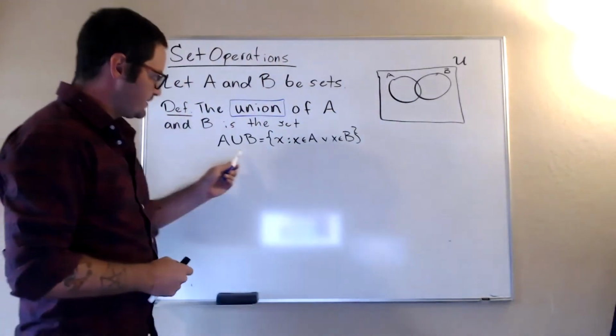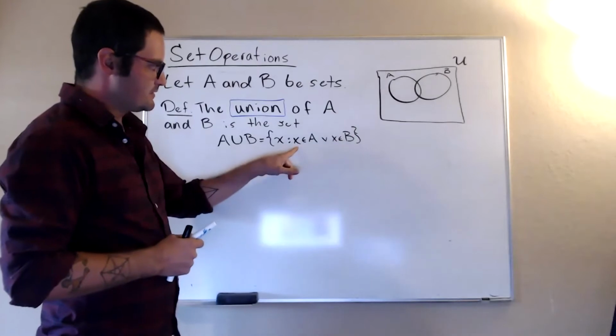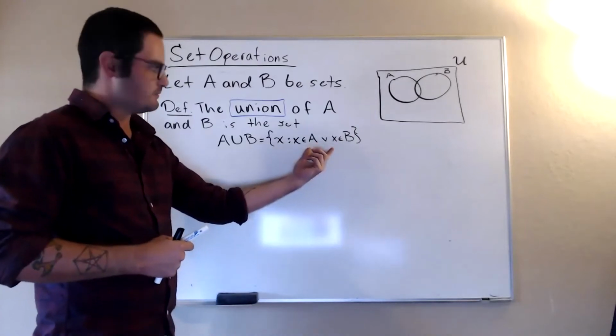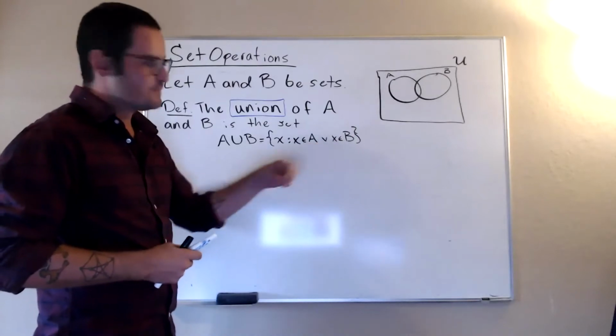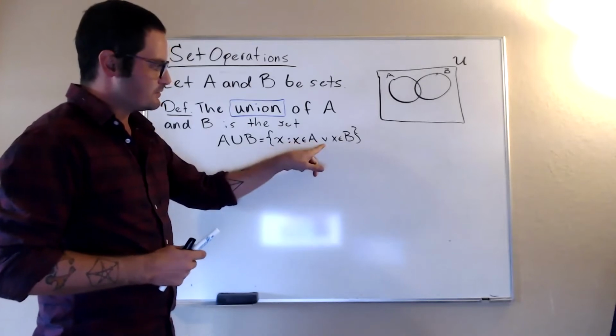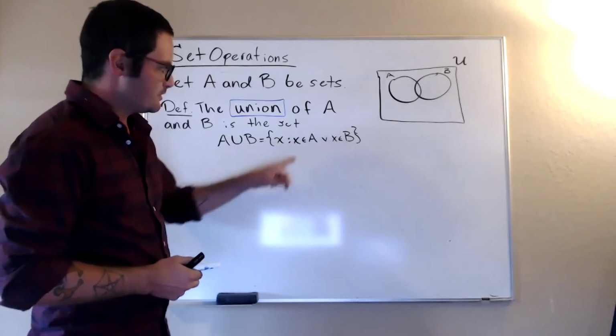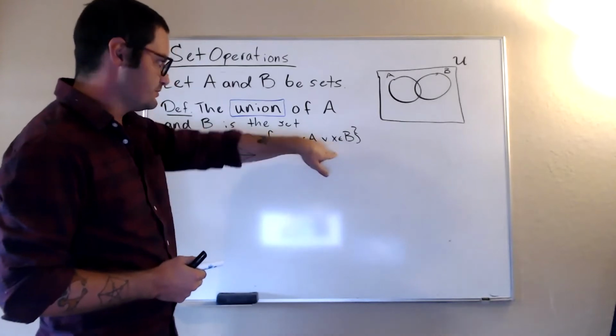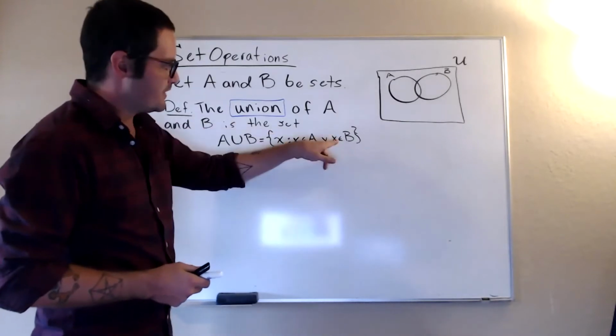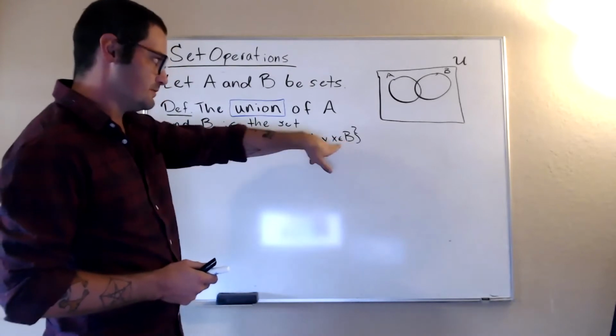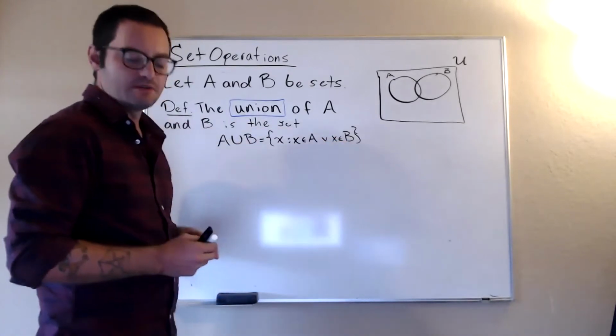And this set is going to consist of everything that satisfies this, with this being a tautology, right? So the OR operator, or the disjunction, is true whenever at least one of these is true. So if X is in A, this is true, it'll be in here. If X is in B, this is true, and this whole thing is true, it'll be in there.